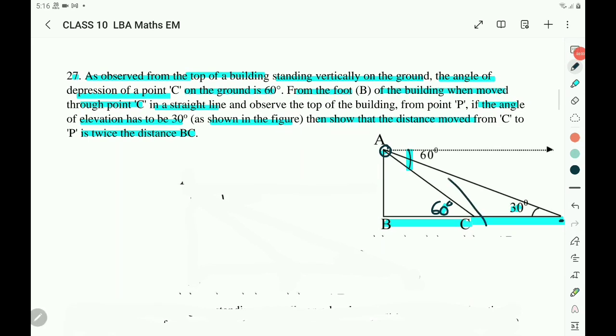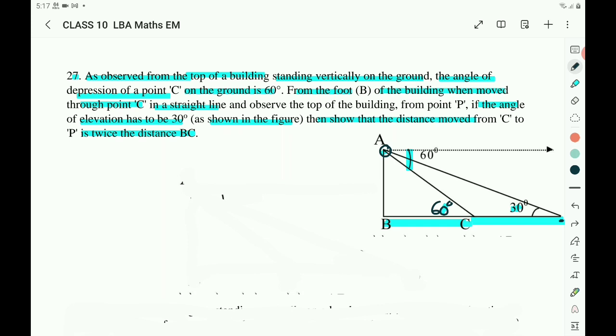First take the triangle ABC, apply the trigonometric ratio. For this 60 degree angle, AB is the opposite side, BC is the adjacent side. Then the trigonometric ratio with the opposite side by adjacent side, AB by BC, is tan theta.